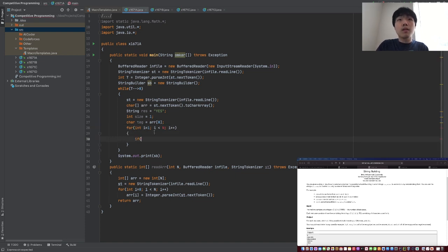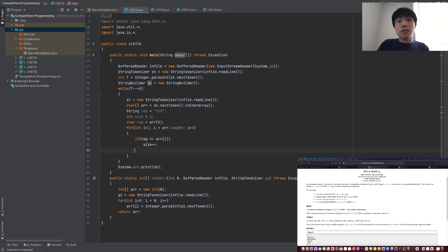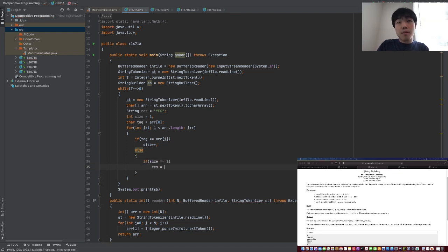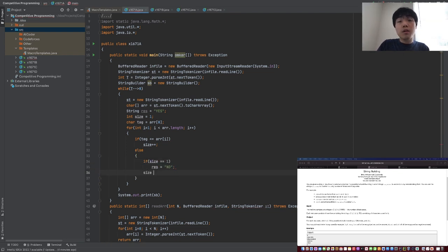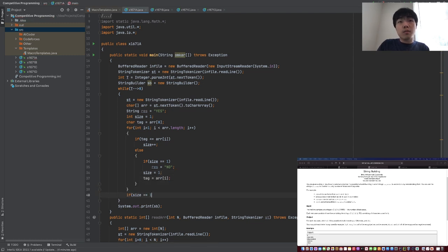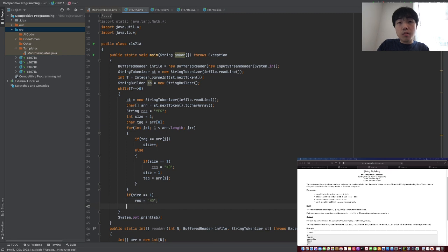So if the tag is equal to array at i, size increases by 1. Then res becomes no, size becomes 1, tag becomes array at i. If size is equal to 1, res is no.